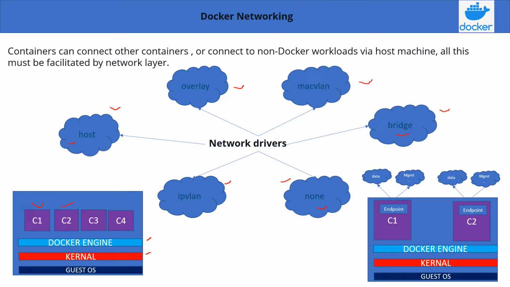These Docker containers have endpoints, and you can have multiple endpoints. For example, one endpoint can be used for data traffic and another for management. Similarly, there is another container, C2, with the same setup. While building the network to communicate between Docker containers or outside of Docker, you need a networking layer.